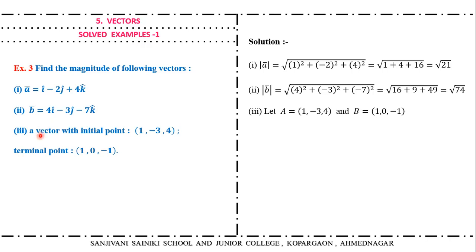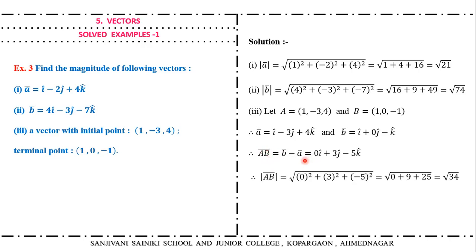Now, in the third example, the initial point is given and the terminal point is given. So A is given and B is given, so we have to find the vector. Vector AB bar is given by B bar minus A bar. You know that the position vector AB bar is position vector of B minus position vector of A, the position vector of the second point minus the position vector of the first point.